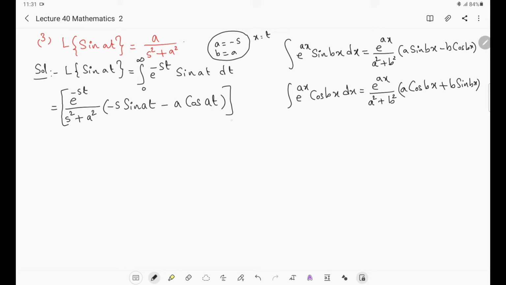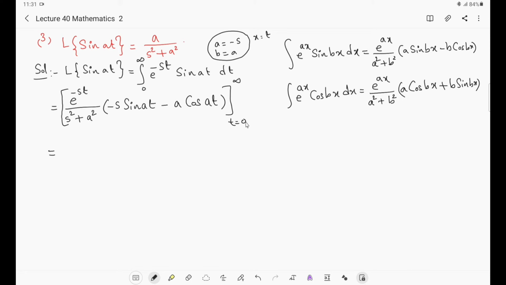Now we have to substitute the limits of t from 0 to infinity. When we substitute the upper limit, e^(-infinity) will become 0, so everything will become 0.